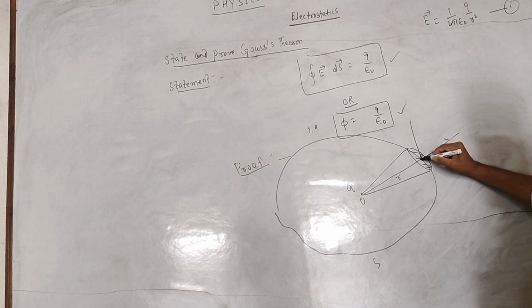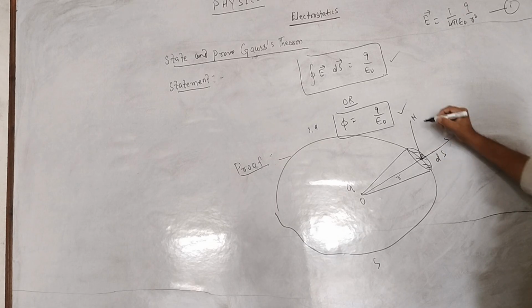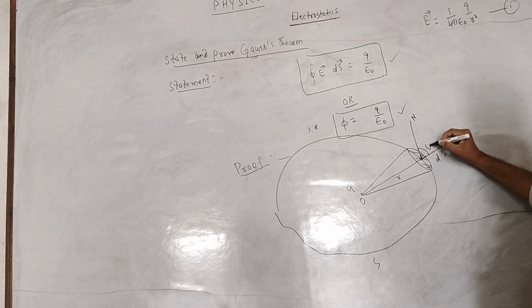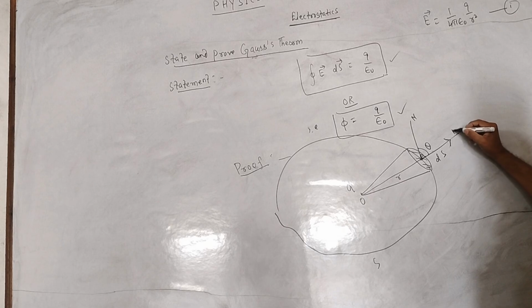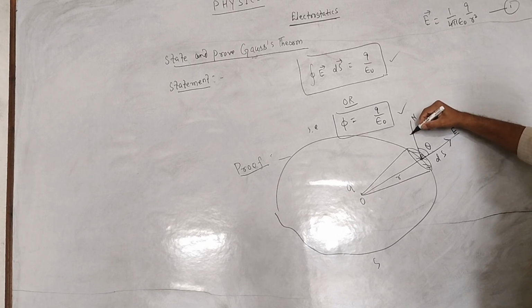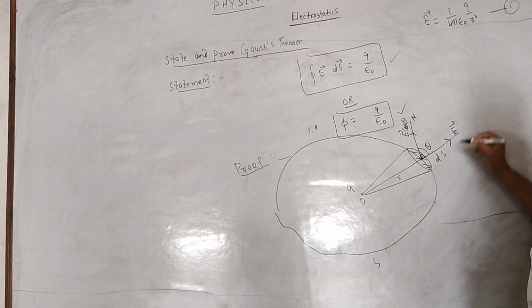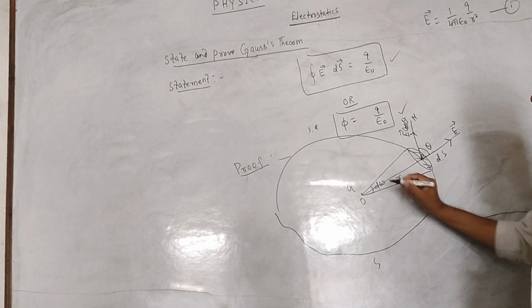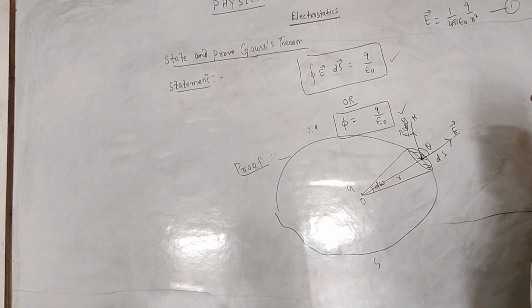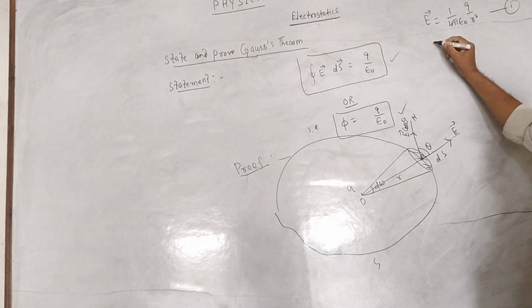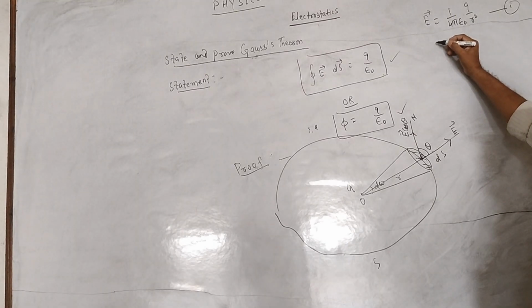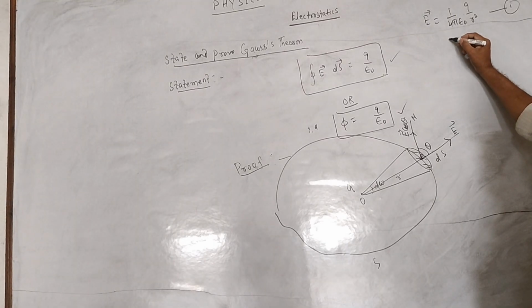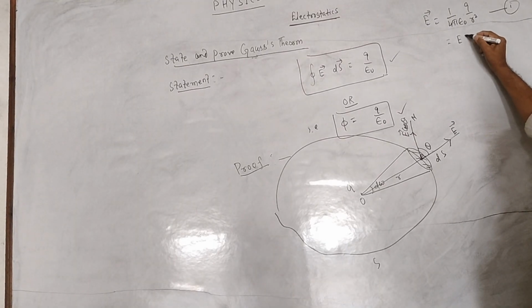Draw normal Pn at P. Then the component of electric field along the normal is E cos theta. d omega is the solid angle.